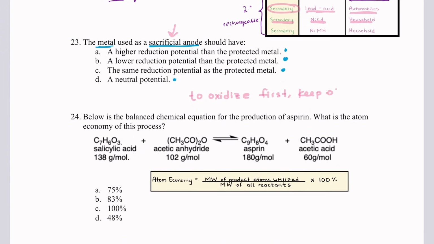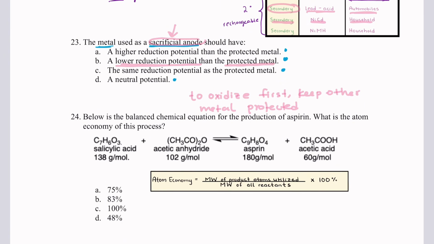A material that oxidizes easily is a strong reducing agent. On the reduction potential table, strong reducing agents sit low with more negative reduction potentials. Therefore, the sacrificial anode should have a lower, or more negative, standard reduction potential than the metal we want to protect.